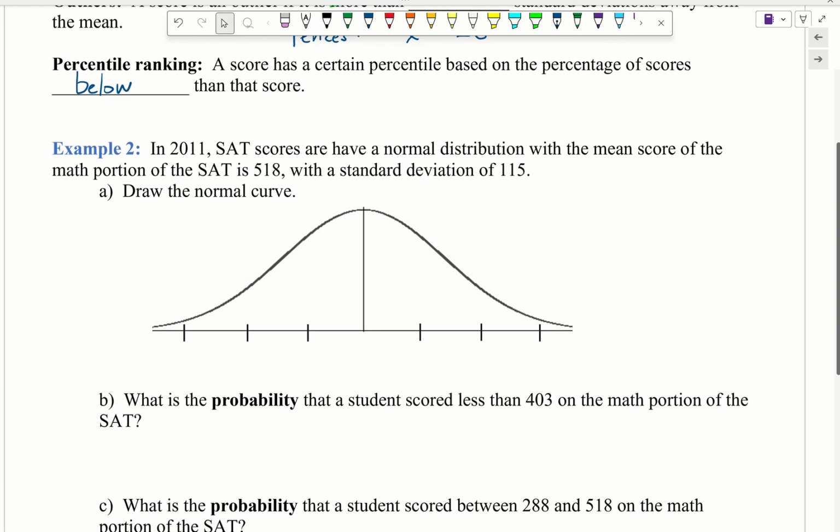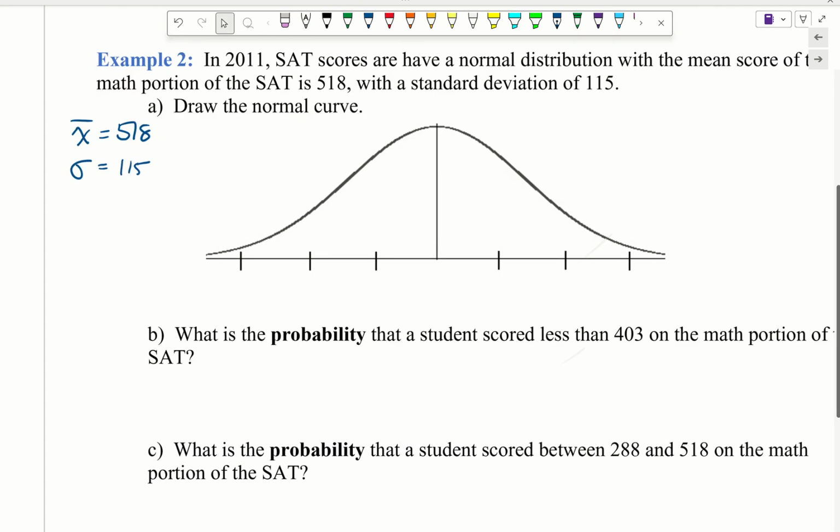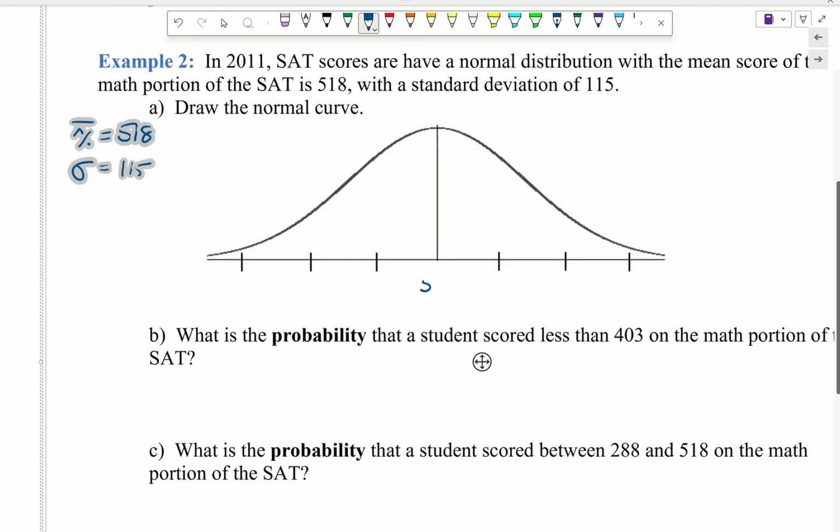In 2011, SAT scores have a normal distribution with a mean score on the math portion of the SAT of 518 with a standard deviation of 115. We're going to use that information to label the normal curve. The mean, 518, goes right there in the middle.